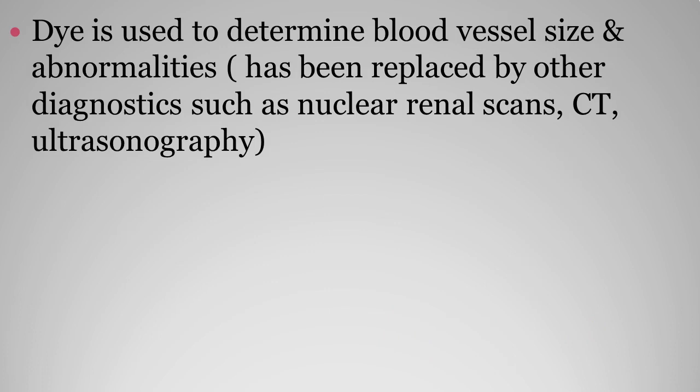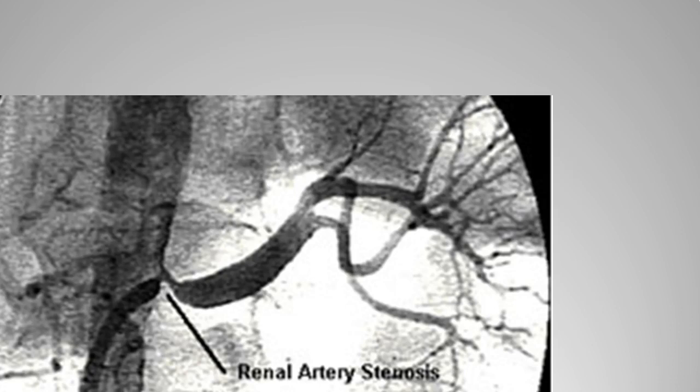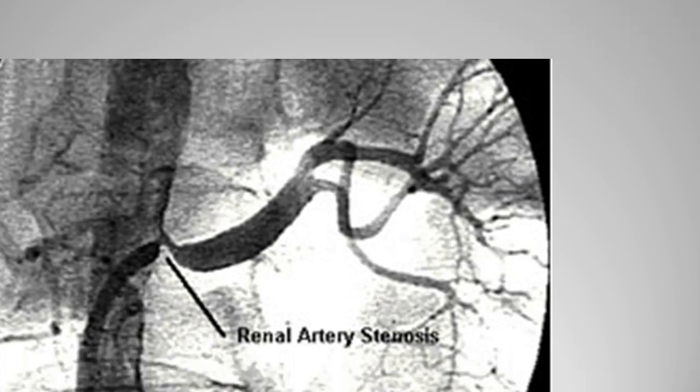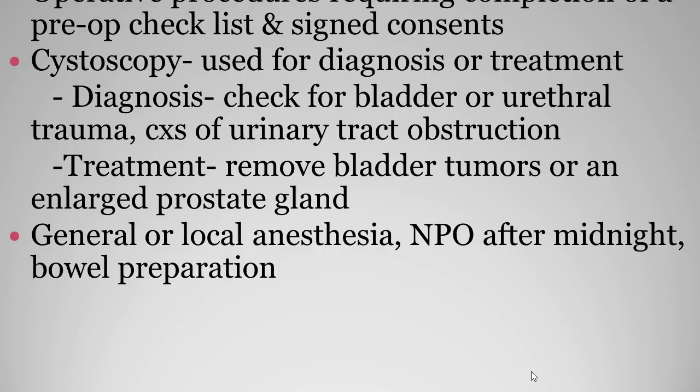So that's what a renal angiography is. And you can see right here, this patient does have renal artery stenosis. I just wanted to show you that. It's at the bifurcation, so this might be really hard to put a stent in there, but it probably can be done. Okay?